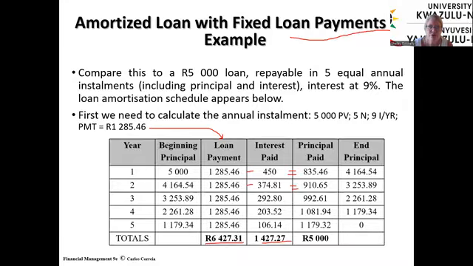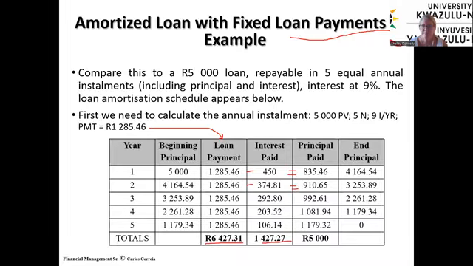Now, if you compare the two, this proves to be the more expensive way of paying back a loan. The interest paid is more with this method, and the total loan repayments that you make is more. It's not always going to be the case, but in this particular example, it's because this way the loan is paid off a lot slower early on.